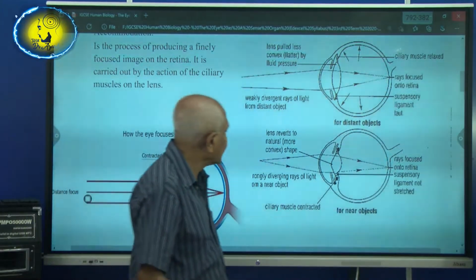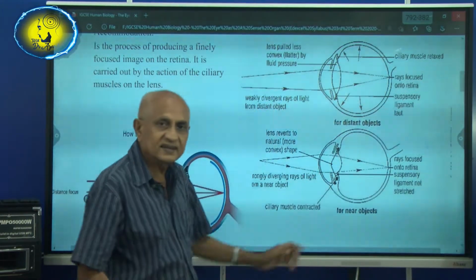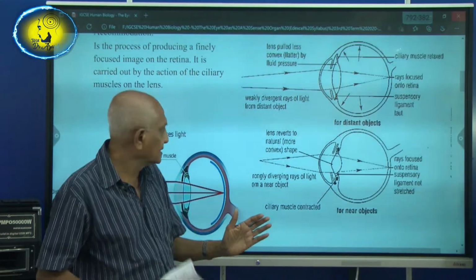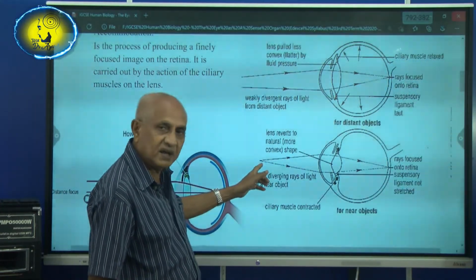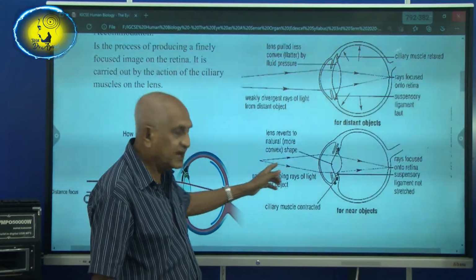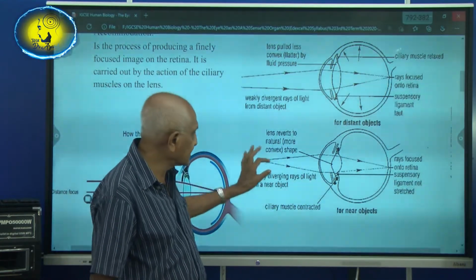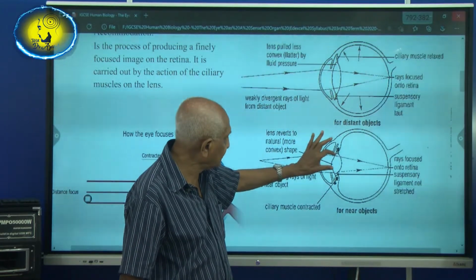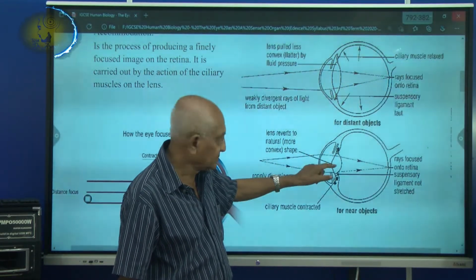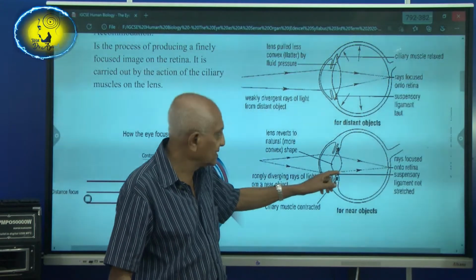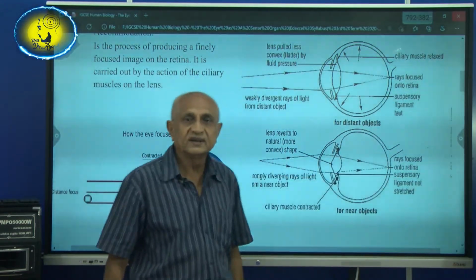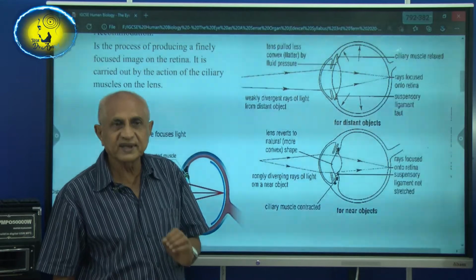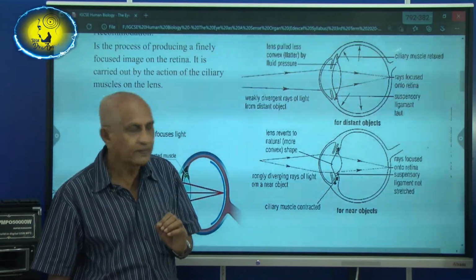Now you can look at this. The lens is broad. The light is coming from a nearby object. The light gets refracted when passing through the lens and focusing onto the retina, which gives a very clear image.